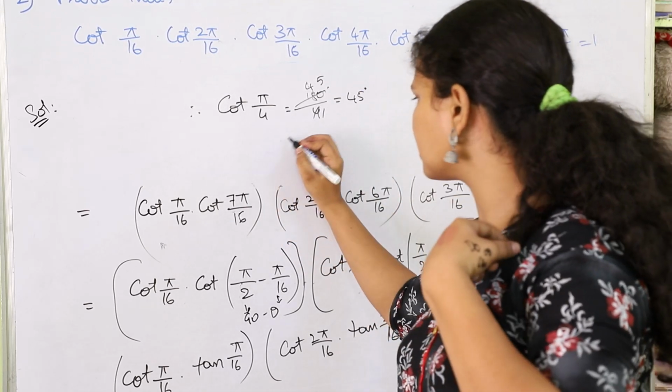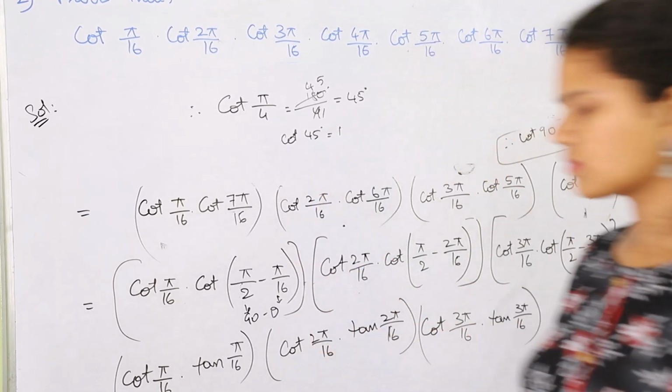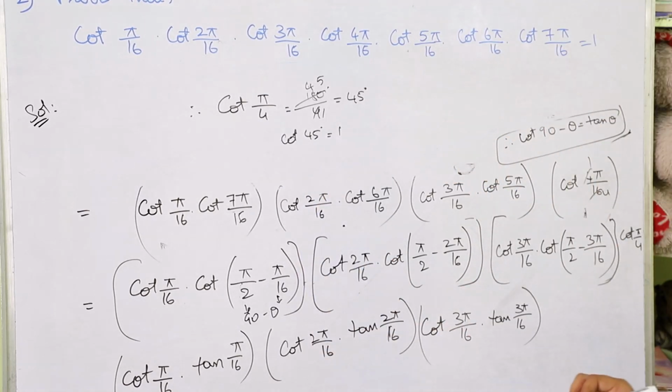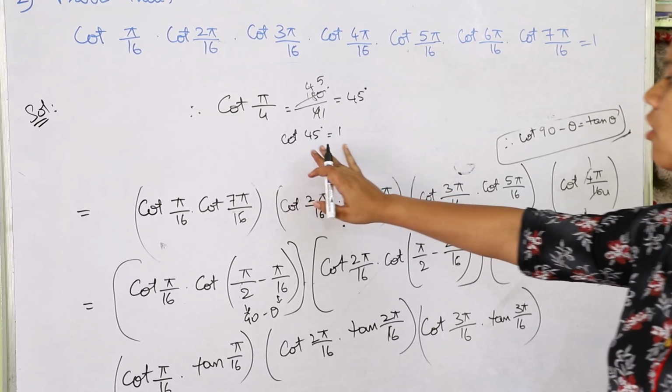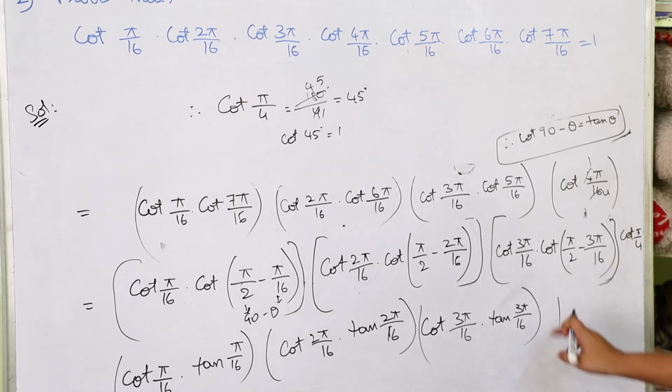Cot 45 degrees is equal to 1. So I'm replacing cot pi by 4 with 1, and I have written 1 over here.